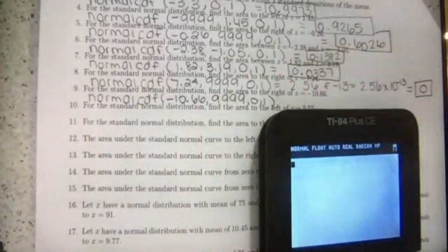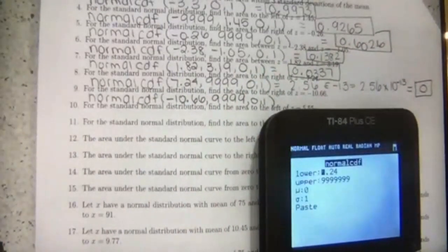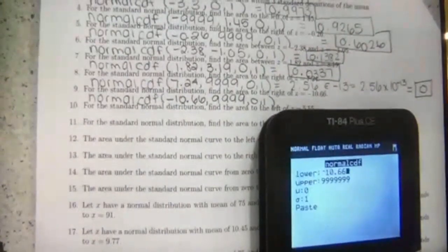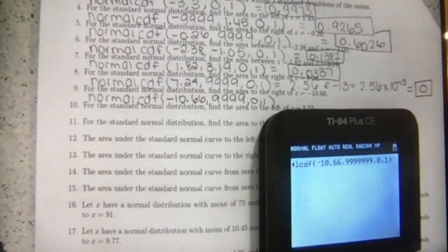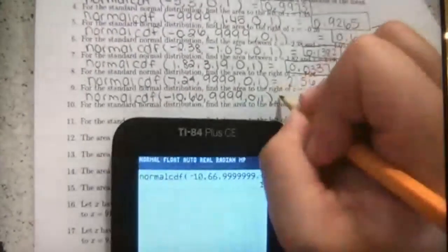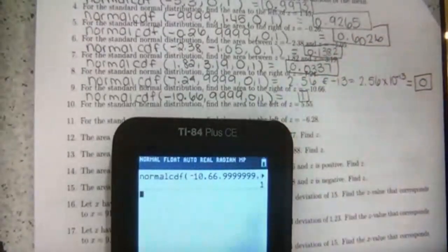Mean is 0, standard deviation is 1. So in our calculator, second bars, going down to normal CDF, our lower limit we said was negative 10.66. Our upper limit's positive infinity, so 99999. Our mean is 0, and our standard deviation is 1. This will tell us that our area is the whole thing, pretty much. So the whole thing is 1.